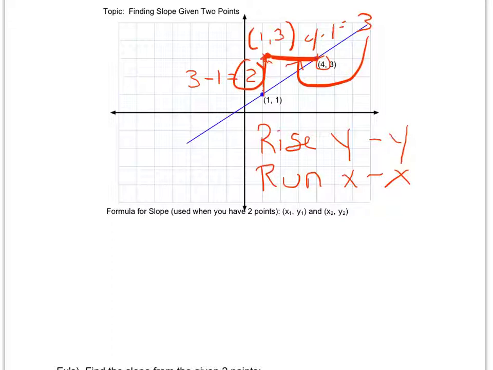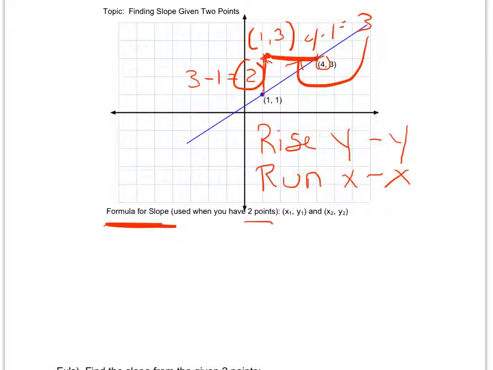Okay, so why is that important? Again, because every time I'm given 2 points and I'm asked to find the slope, I don't want to have to graph them out. So here's the equation I'm going to use. Here's my formula for slope. It is imperative that you remember this. You are going to use this formula when you have 2 points.